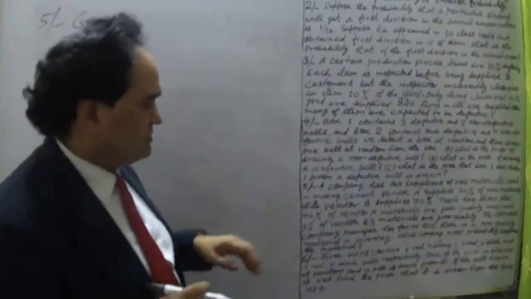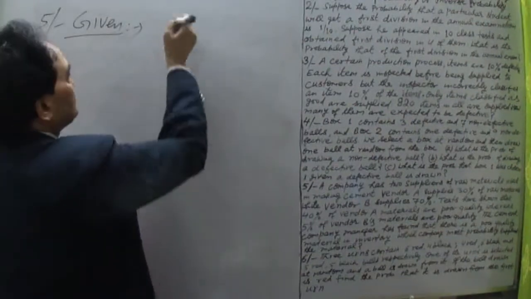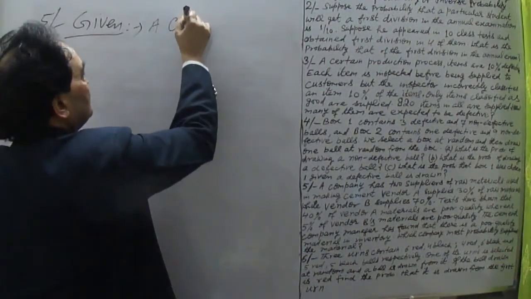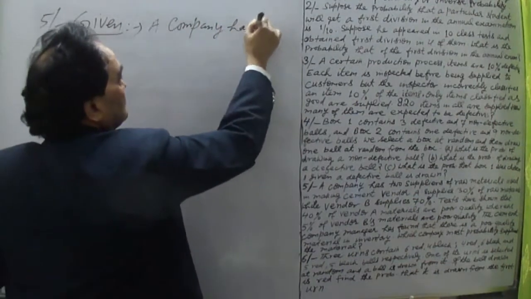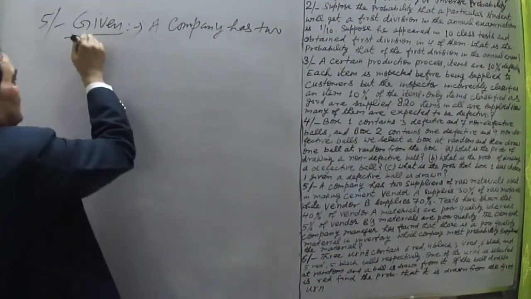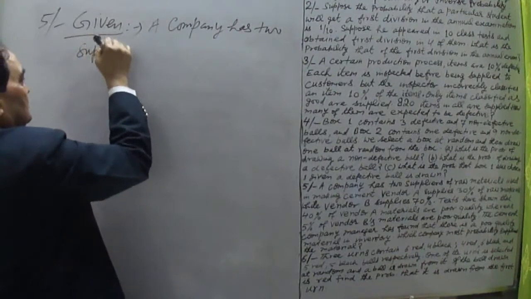We are given here that a company has two suppliers. Try to understand this question, it is very important.